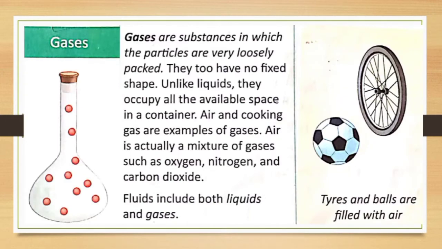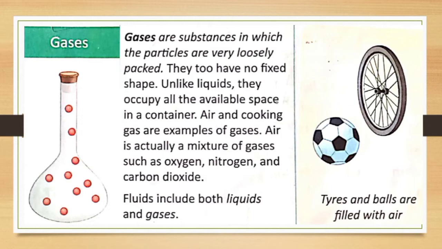Now the third state of matter is gases. Gases are substances in which the particles are very loosely packed. They too have no fixed shape. Unlike liquids, they occupy all the available space in a container. Air and cooking gas are examples of gases.